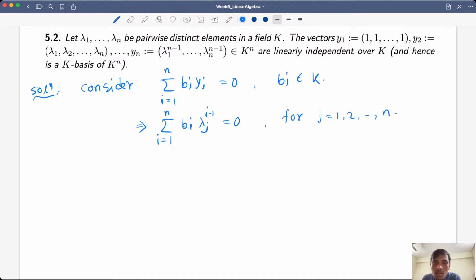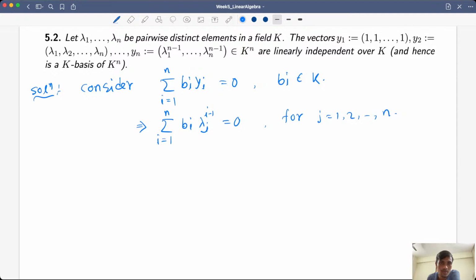Because the b 1 y 1 coefficient is always b 1, then b 2 y 2 gives lambda j b 2, and similarly up to y n this is b n lambda j to the power n minus 1, right? So this is equivalent to this one, right?